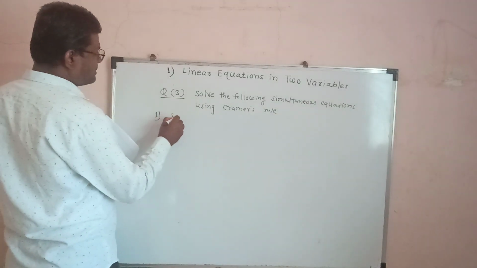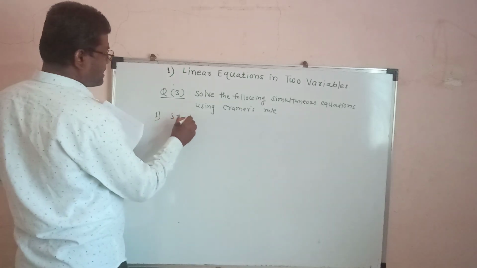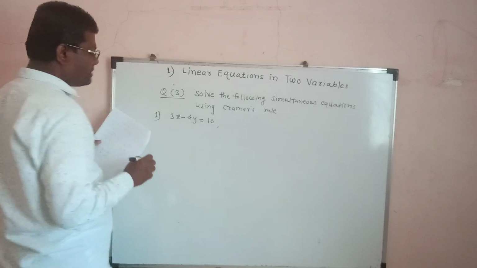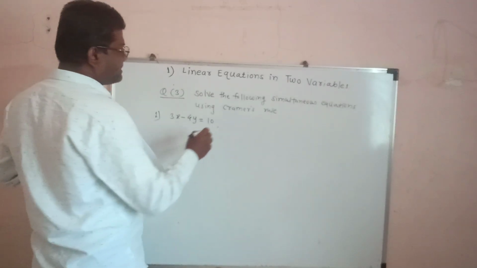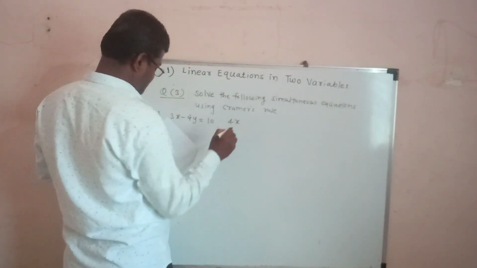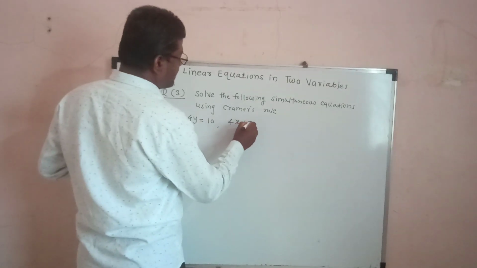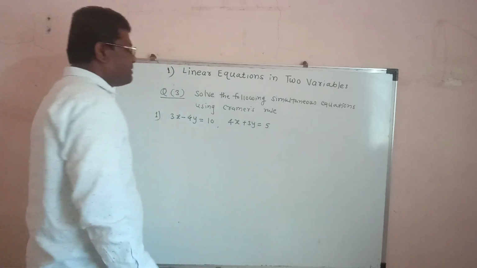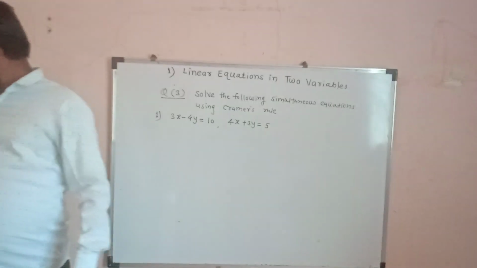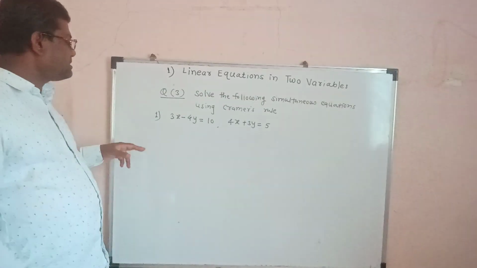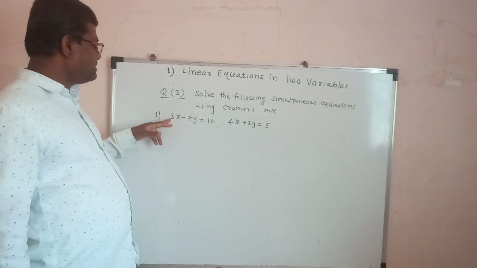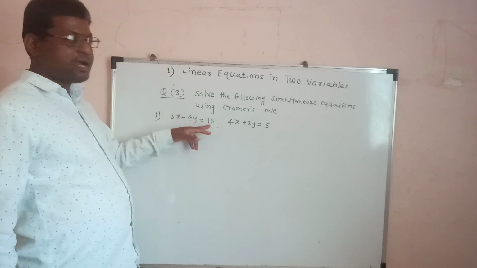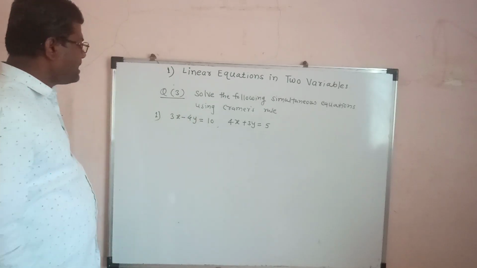Example number 1 is 3x minus 4y is equal to 10. This is the first equation. And the second equation is 4x plus 3y is equal to 5. This is the second equation. In the first equation, the coefficient of x is 3, the coefficient of y is minus 4, and the constant term is 10.